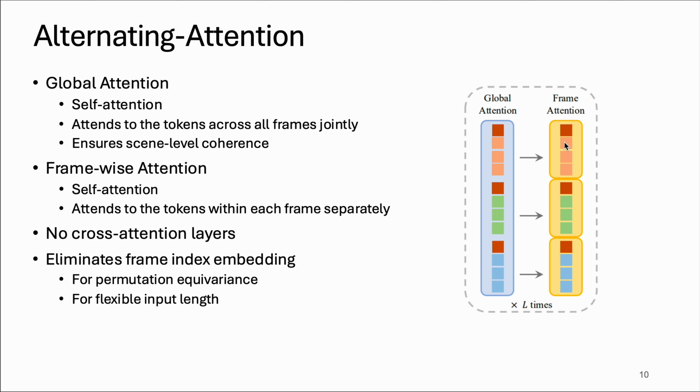It also has this frame-wise attention, where each image token only attends to the tokens within the same image separately. So this image token only attends to the tokens from the same image frame.